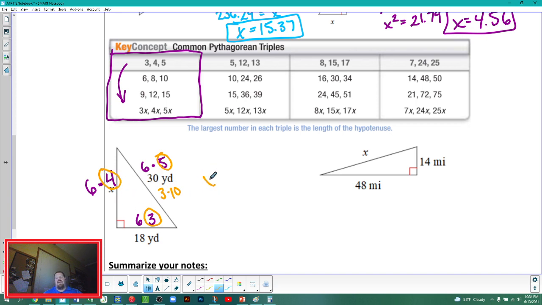So that missing side, without doing any of the work, is 24. And that can be a way to quickly get through some problems without having to square things and then square root and all that pain. This is a quicker way.